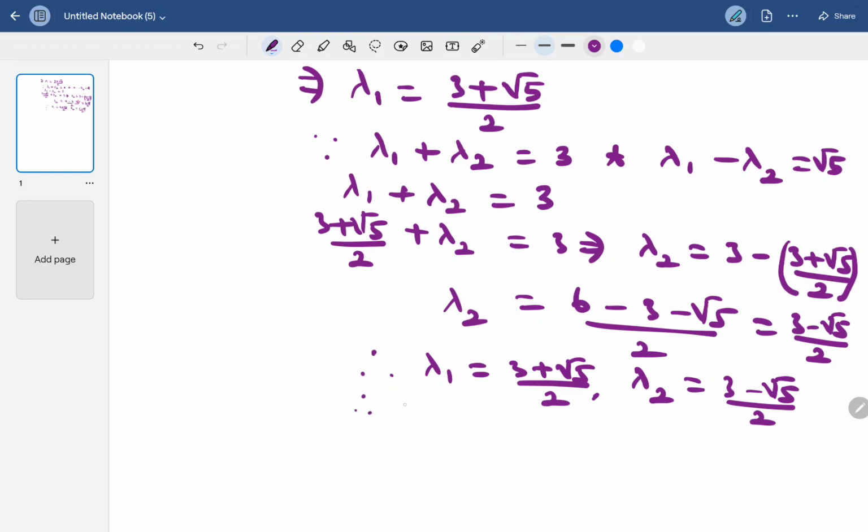Therefore, lambda 1 square and lambda 2 square are eigenvalues of A square.